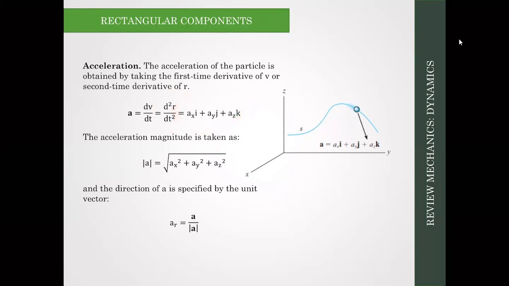The ax, ay, and az are just dvx over dt, or d squared x over dt squared, so the second derivative. And the magnitude for the acceleration will be the square root of the sum of the squares of each coefficient of that vector. For the direction, the unit vector is equal to the acceleration vector divided by the magnitude. Okay? So let's apply this to an example.